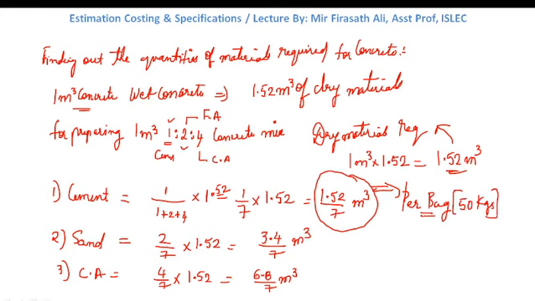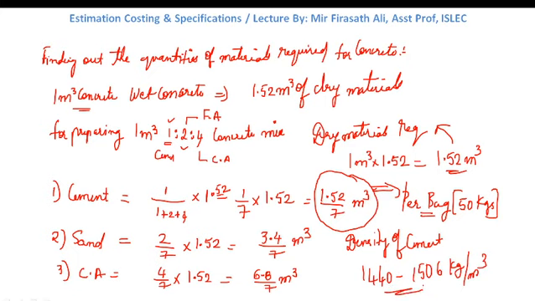In one bag, 50 kgs of cement will be available. The density of cement lies in the range of 1440 to 1506 kg per meter cube.